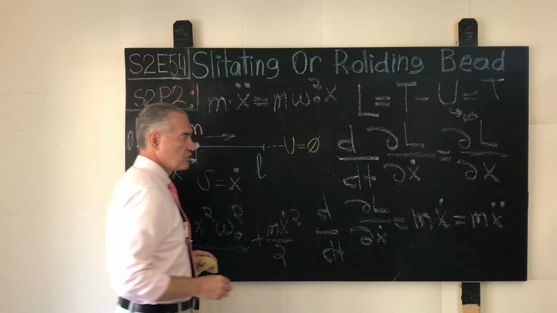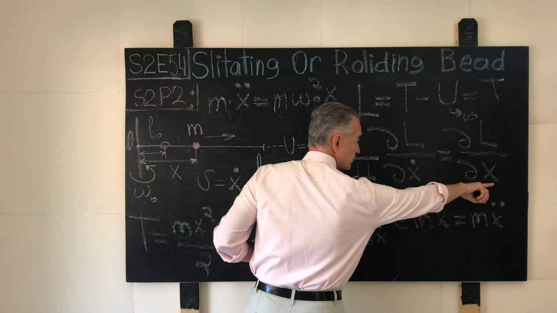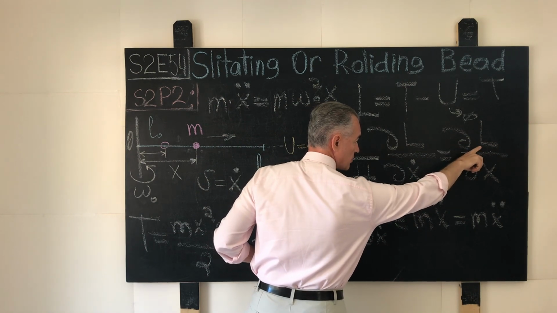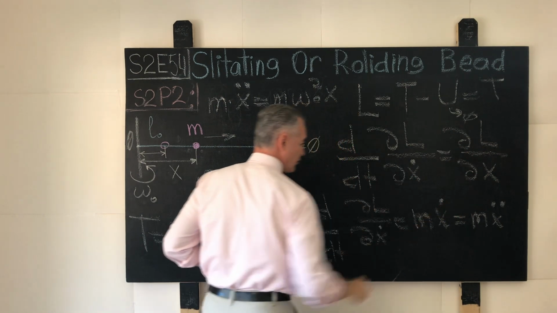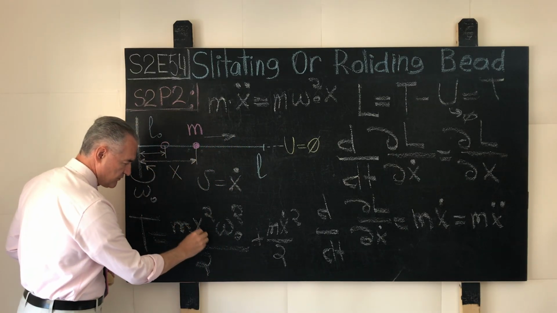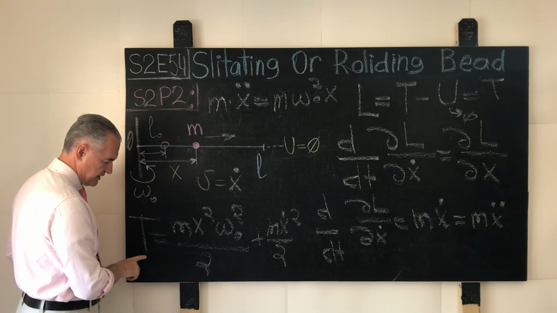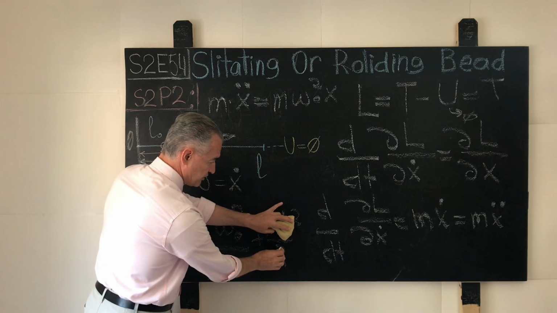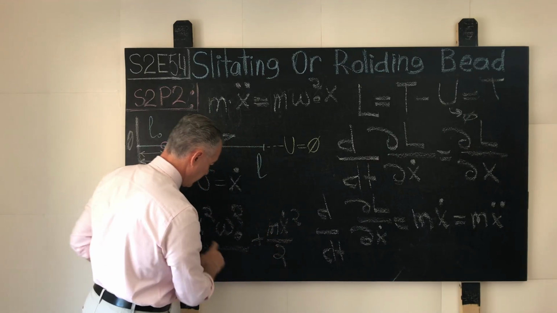Pretty much game over. What do we have to do? We have to just compute the first partial derivative of our Lagrangian with respect to the generalized coordinate. In this case, the generalized coordinate only factors into the Lagrangian in this term. It means that the other term, treated as a constant, its derivative with respect to x is gone.